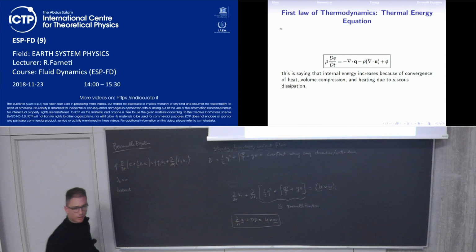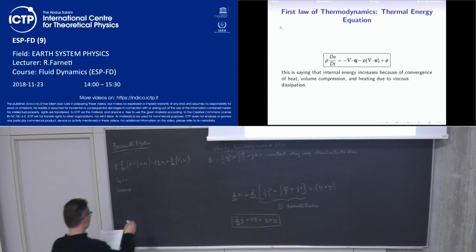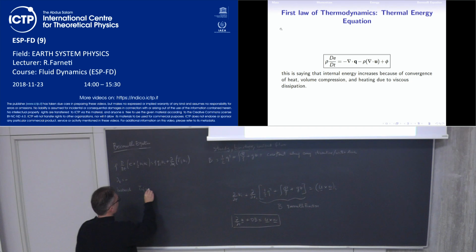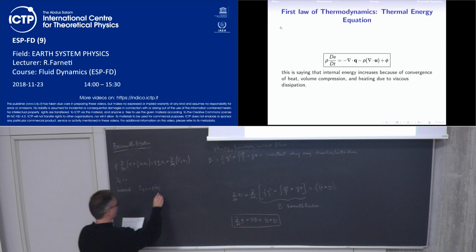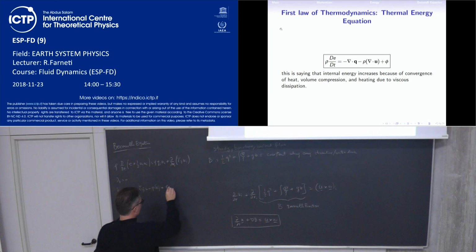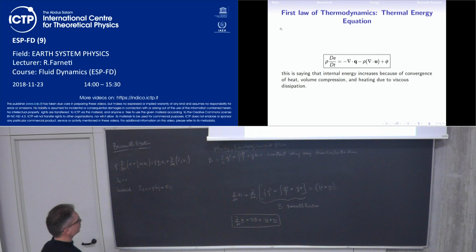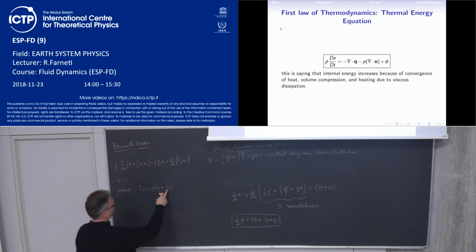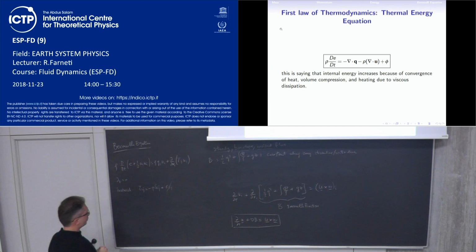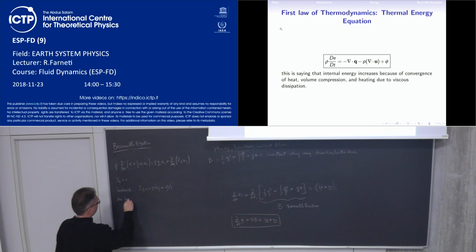If it's inviscid, you can go back to the constitutive equation, and the constitutive equation has two terms: the static term, the pressure, plus the deviatoric stress tensor. But if it's inviscid, this was proportional to the viscosity, so this is equal to 0. And then no heat conduction.